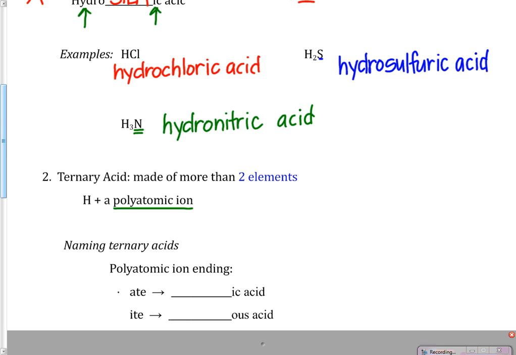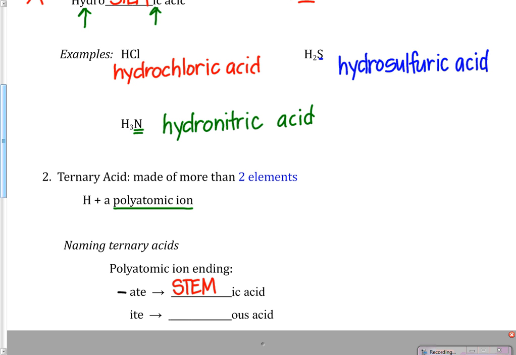If the polyatomic ion ends in ate, something like nitrate, sulfate, chlorate, you take the stem of that polyatomic ion, drop the ate and change it to ic. I give students this reminder: if you ate acid, you would say ic.